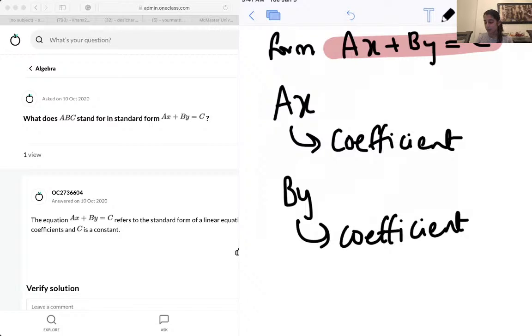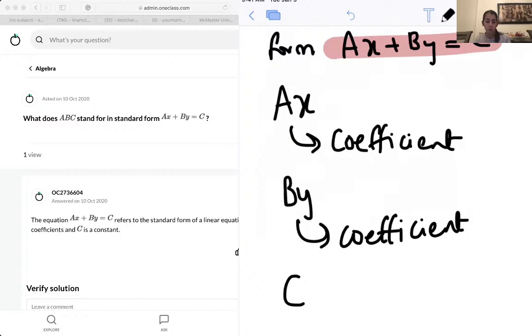C in this case is not being multiplied by anything, it's on its own. C, for the most part, is called a constant because it's not being multiplied by anything and it's of one value. The reason A and B are not constants is that whenever x changes, the value of the whole thing changes.